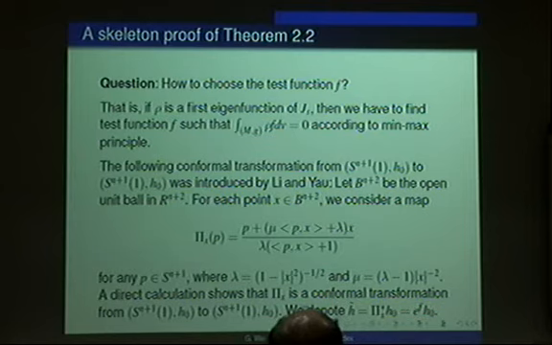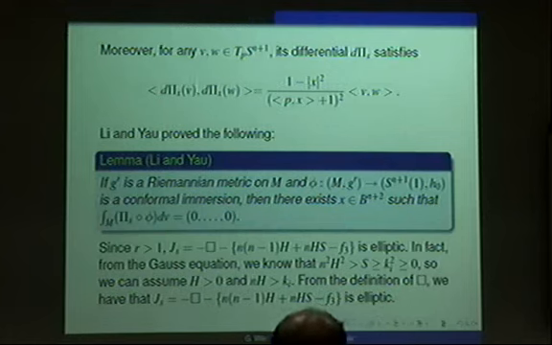If e^f equals 1, this means an isometry, a Riemannian manifold. Moreover, for any tangent vectors v and w, we can compute the differentials dφ_x(v) and dφ_x(w), and the inner product is equal to this one.